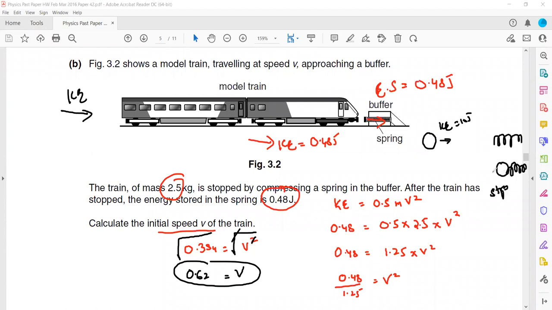If the ball stops, its kinetic energy has transformed into strain energy, so the spring will have elastic strain energy of 10 joules. So when a moving object hits a surface and compresses it, the kinetic energy is transformed into elastic strain energy.